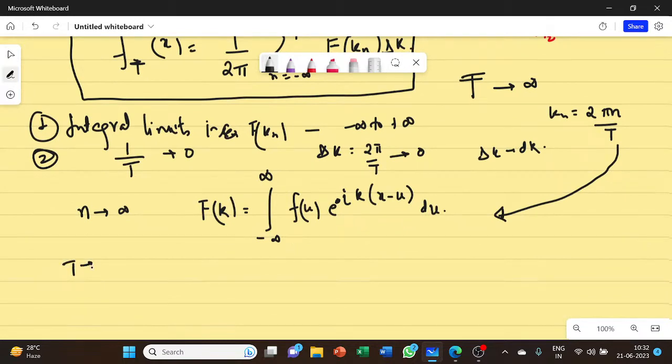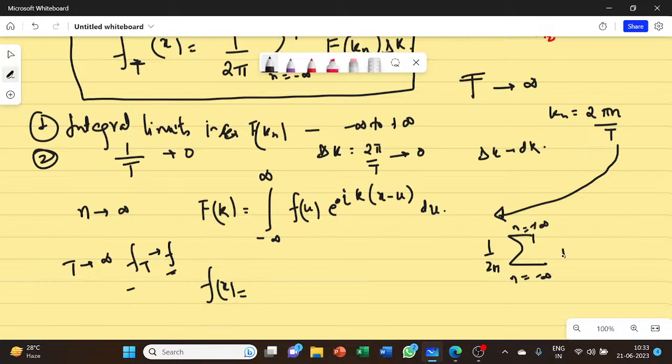Now as t tends to infinity, your f of t, which was a periodic function, will become an aperiodic function, and let us say that this is f of x. And what was f of x? Remember, f of x was the summation of 1 upon 2 pi, n equals minus infinity to n equals plus infinity, f of kn, and then delta k.